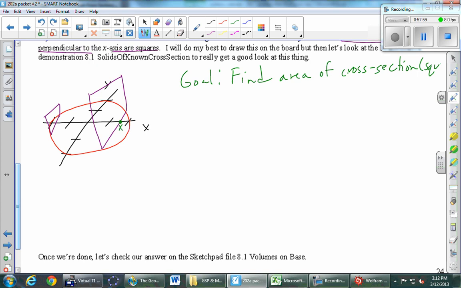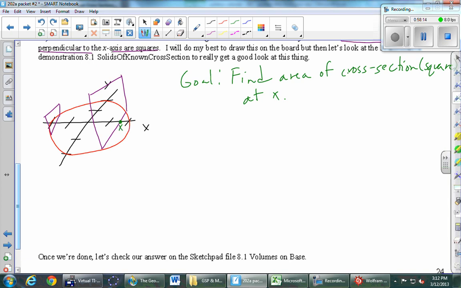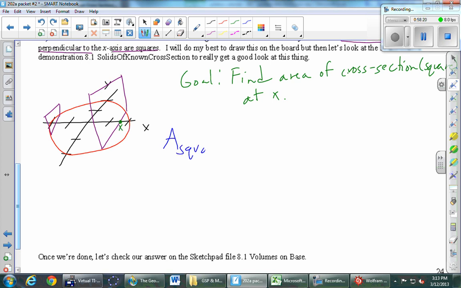Cross-sections in this problem are all squares at x. So we're trying to find a formula for the area of the purple square, but not just a specific one, but a general one in terms of x. And then we're going to sweep x left and right. Okay, so let's see. The area of a square, we know the formula for that. That's one of our easy ones. That's going to be the side squared, whatever the length of one side is.